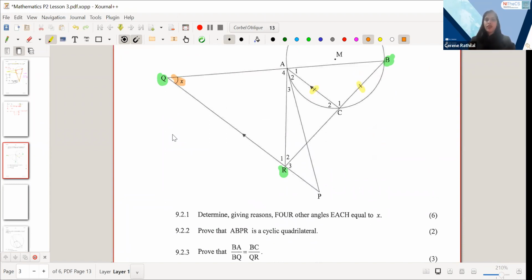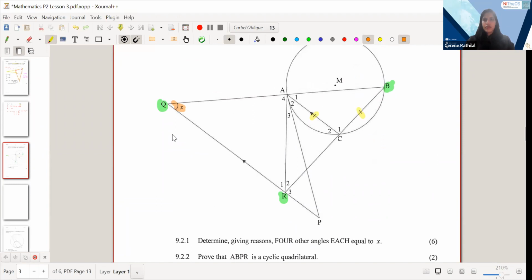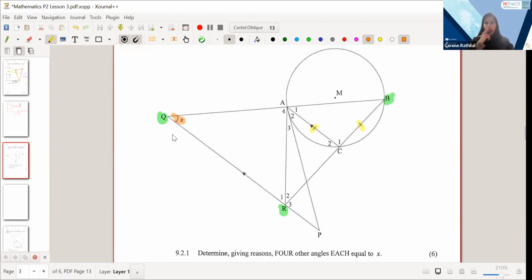Okay. Right, so let's pay attention to our diagram. What else is equal to X? We need to find four more. One of the important pieces of information here, let me highlight this in blue, is that this was parallel to this. And now I've got this angle X, and I've got this parallel line.